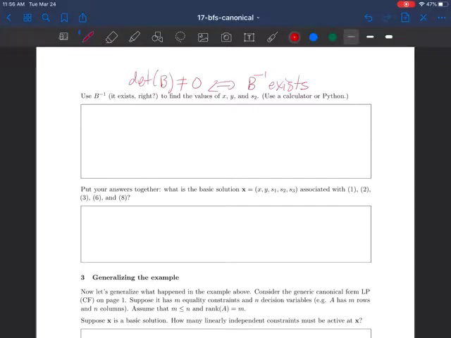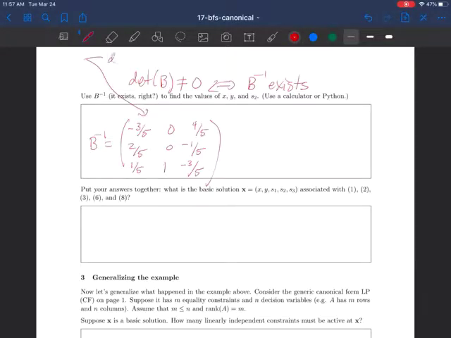And again, when you look at that IPython notebook, it shows you what the B inverse is. Here, B inverse is -3/5, 0, 4/5, 2/5, 0, -1/5, 1/5, 1, -3/5.